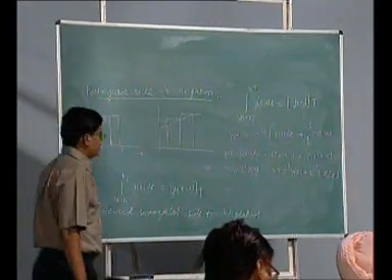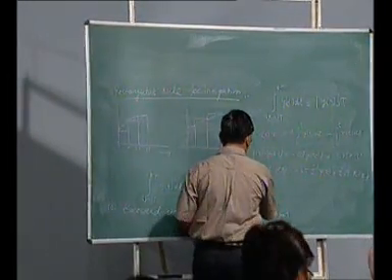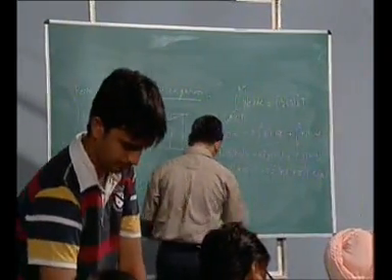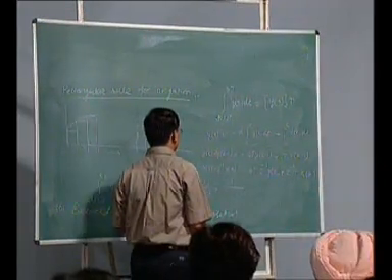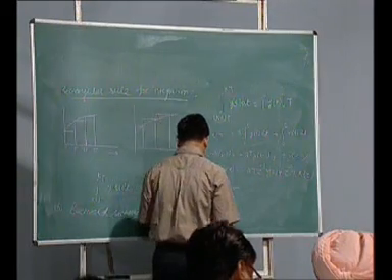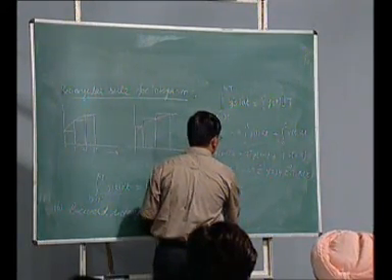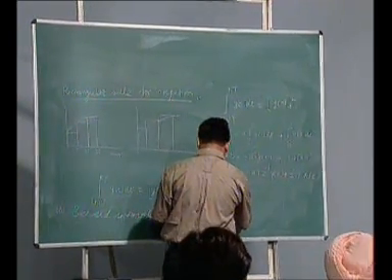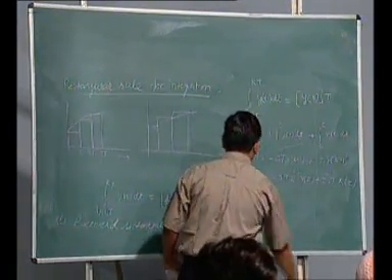Then rearrange it in Y(z) over R(z). It will give you 1 upon (z minus 1)/T plus a.